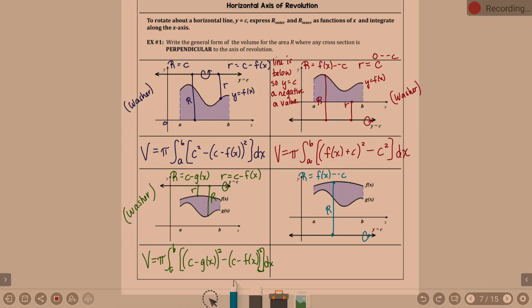Little r? G of x minus negative c. Okay. Okay. I assumed after last time, since no one wanted to tell me, I'm just supposed to write the first two pieces. Yeah. Okay. And f of x plus c quantity squared minus g of x plus c quantity squared dx.